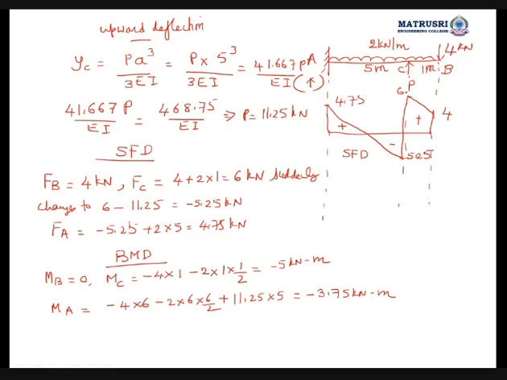But you already know maximum bending moment occurs where shear force changes its sign. So for that, what will you do? Same way, using similar triangles, we'll get the value of this. Then we can go for the calculation of maximum bending moment. So, similar triangle concept. This is 5.25.